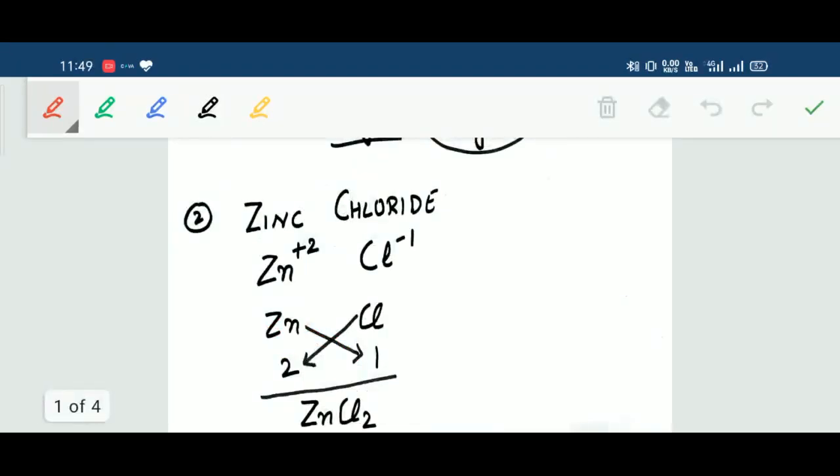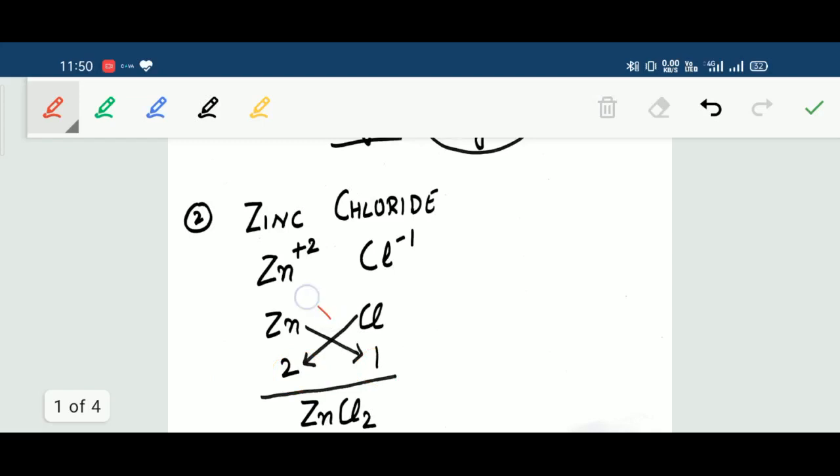Let's take another example. What will be the chemical formula of zinc chloride? Write down the symbol of zinc ion and the symbol of chloride ion. For zinc, the symbol will be Zn and valency will be 2, and for chloride, the symbol will be Cl and valency will be 1. So after writing symbols and valencies separately, we can see that the valencies are already in the simplest ratio, therefore we can directly cross multiply them and write down the formula.